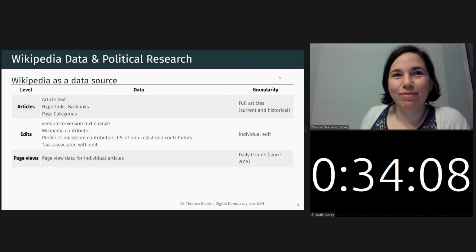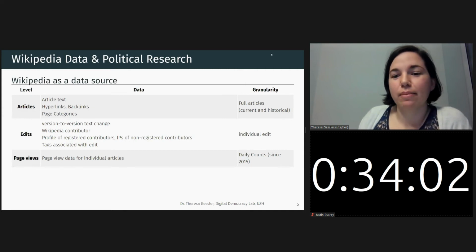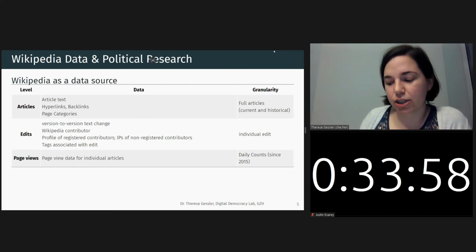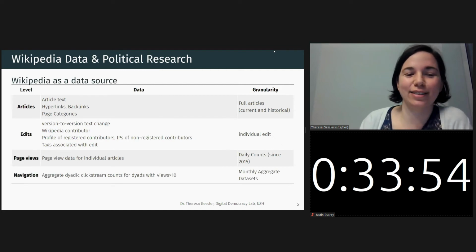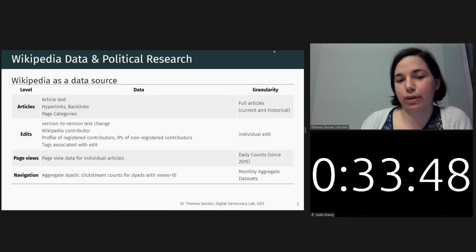More interesting maybe for political scientists are page views, and this is, I think, what is most widely used. So basically how many people clicked on an individual article on each day. And then the probably least well-known data source is navigation data, because Wikipedia also publishes aggregate dyadic clickstream counts.